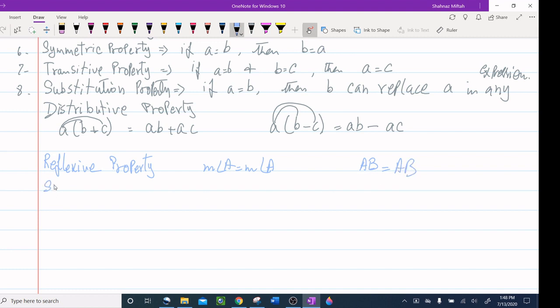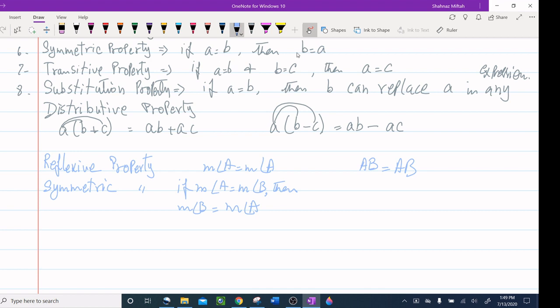Then we have the symmetric property. For example, if the measure of angle A is equal to the measure of angle B, then angle B is equal to angle A. I just switched their places, and that was symmetric at the top too, if you pay attention.